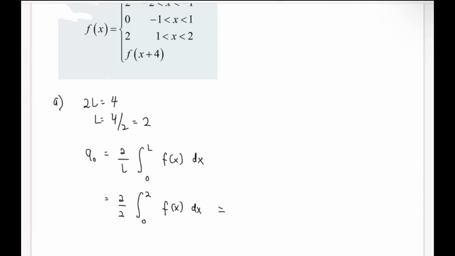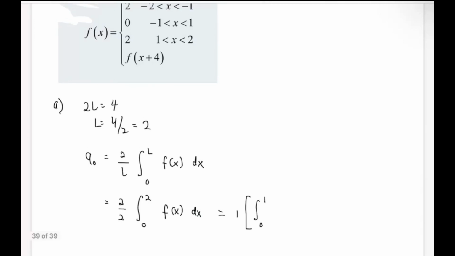So 2 divided by 2 is 1, multiplied by the integration from 0 to 1. Here, 0 is in this range, and this range goes up to x equal to 1. So that means 0 to 1. What is the f(x)? f(x) is 0. So 0 dx.